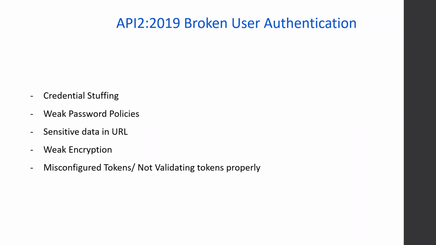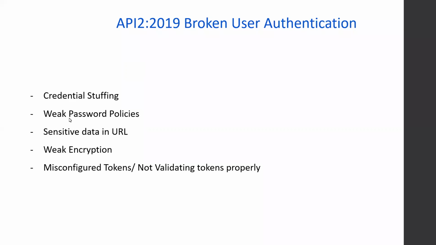Let's say an attacker gets hold of Snapchat's 7 GB, 10 GB dump, and he tries to attack the Snapchat API by trying each combination of username and password to see which of them work. That's what credential stuffing is. We have a great exercise in VAPI related to this.